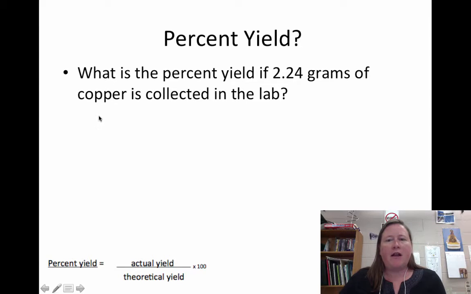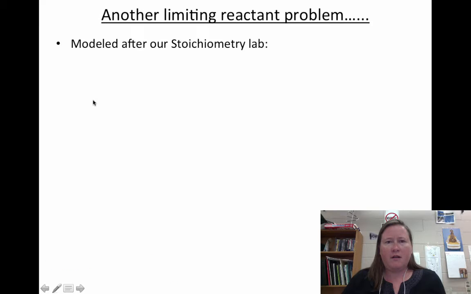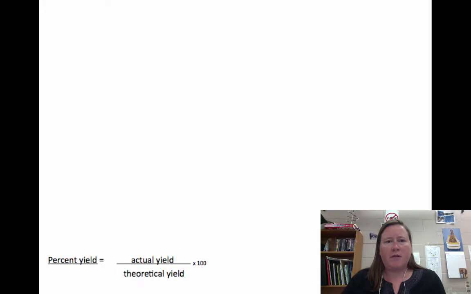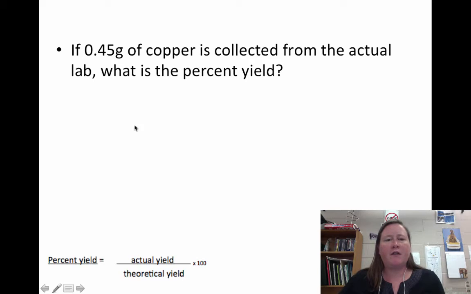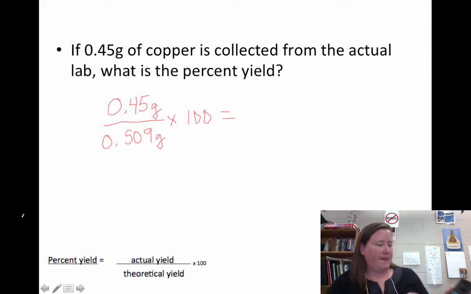My actual yield is 0.45 grams, and my theoretical yield from the previous slide was 0.509 grams, times 100. 0.45 divided by 0.509 times 100.